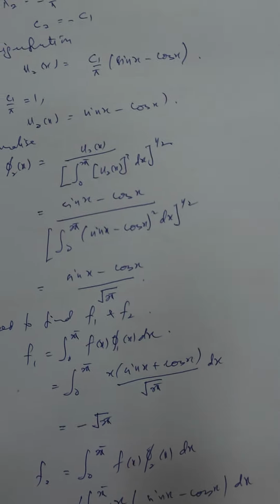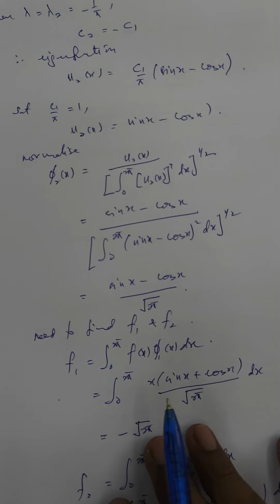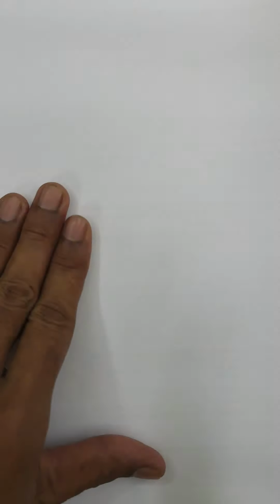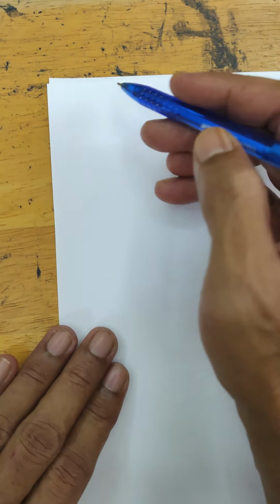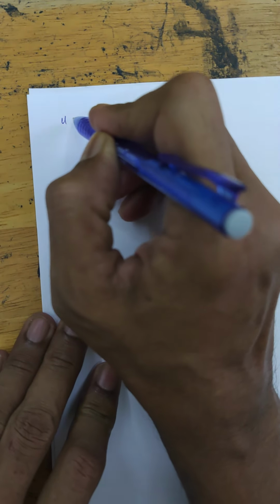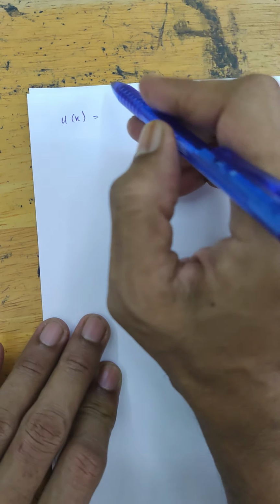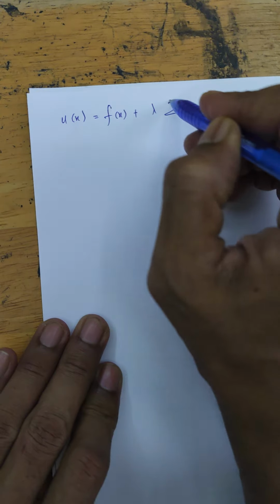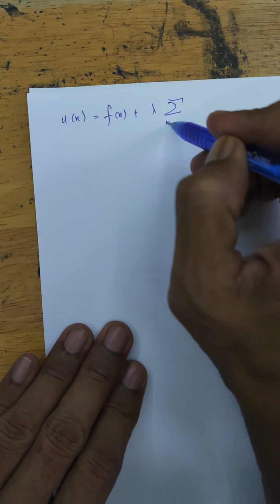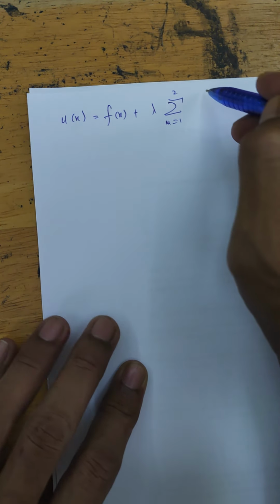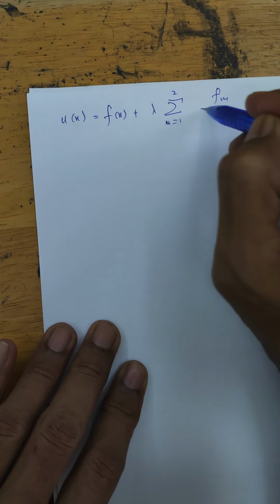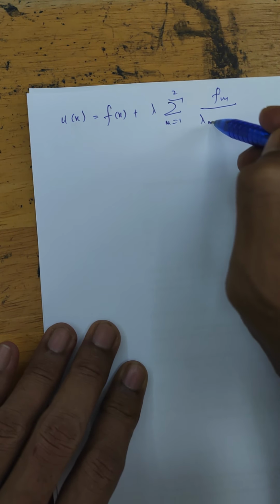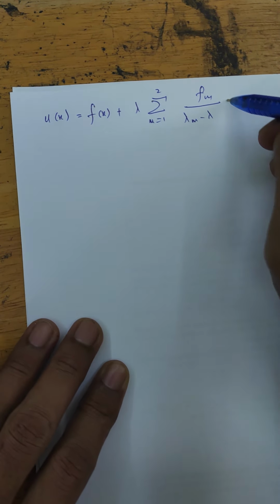Alright, so that's the solution, which is given as u(x) is equal to f(x) plus lambda sum m from 1 to 2 of fm over (lambda m minus lambda) phi m(x).